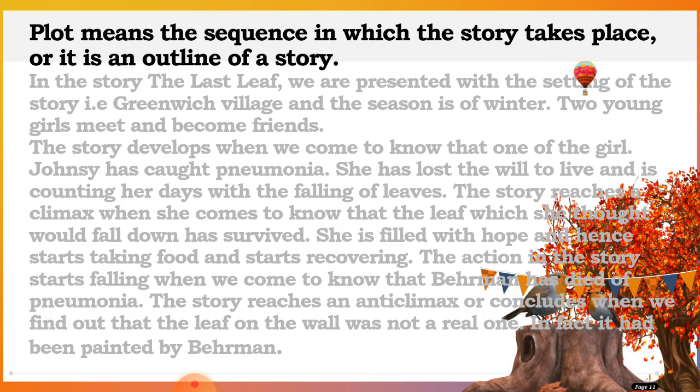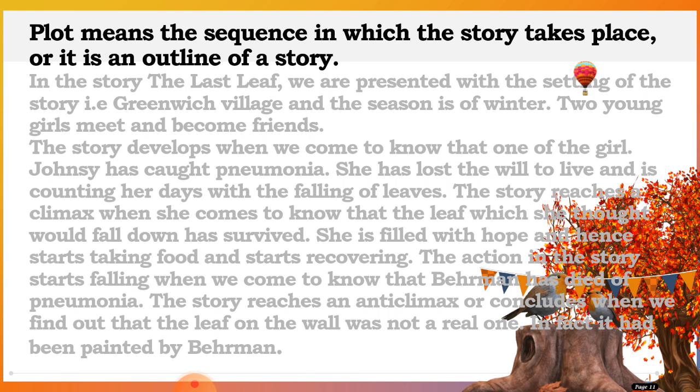And in the story, The Last Leaf, we are presented with the setting of the story, that is Greenwich Village, and the season is winter. Two young girls meet and become friends. So, here in this part of the story, we are introduced to the story, to the characters, to the setting.